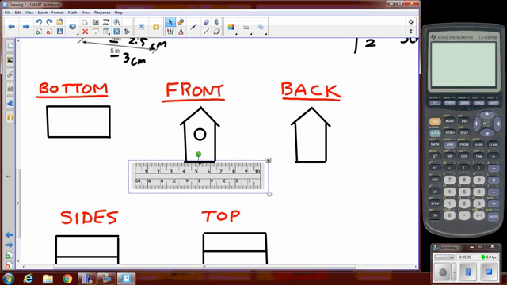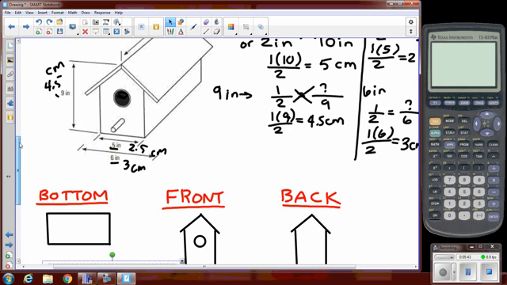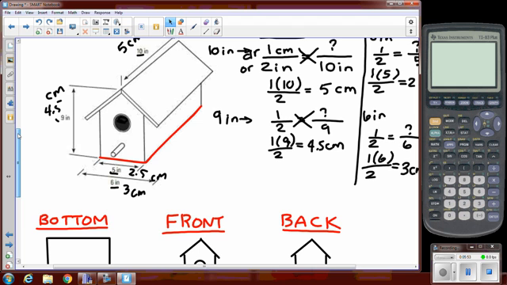So if I was looking, the bottom shape is the rectangle that this birdhouse is actually sitting on. It's right here. And that bottom shape is 10 by 5. So on my scale, the 10 by 5 is going to be 5 centimeters long and 2.5 centimeters.